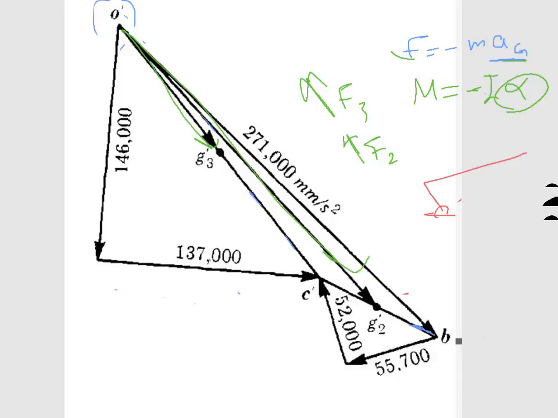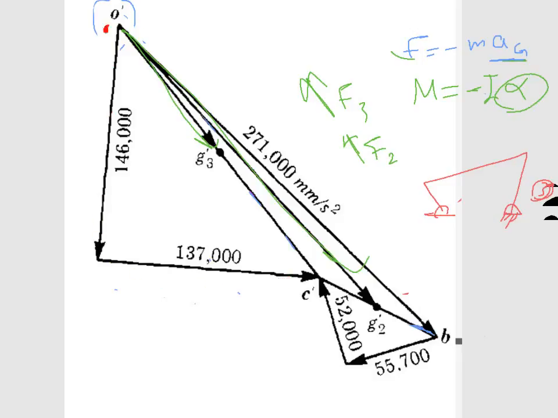If I have again this four-bar mechanism, and I said I will explain for number 3, the same principle applies for number 2. How do we find the direction for alpha? This is the normal acceleration, this is the tangential.